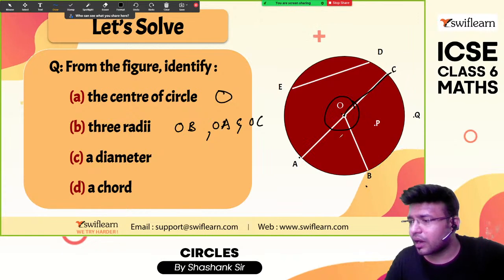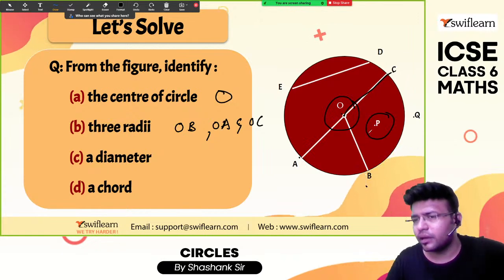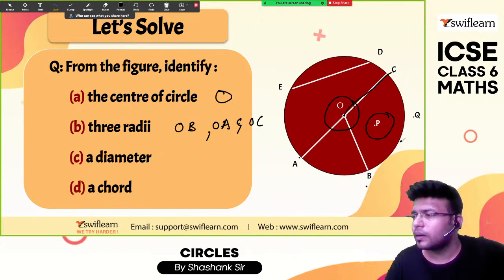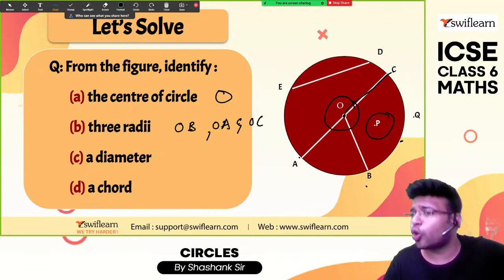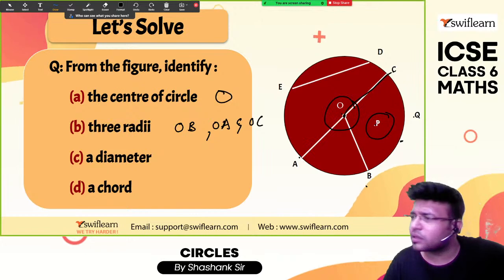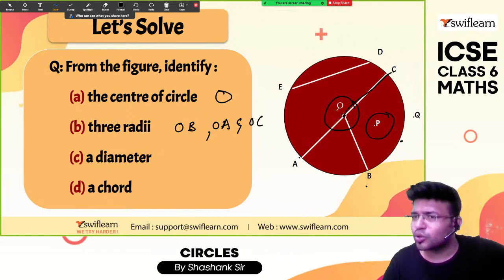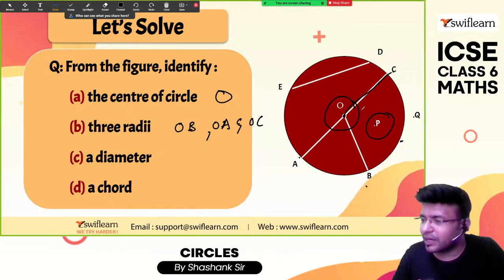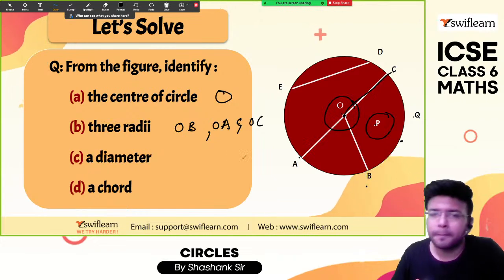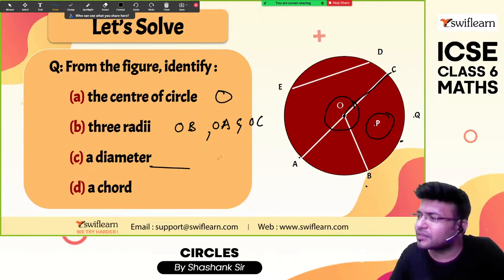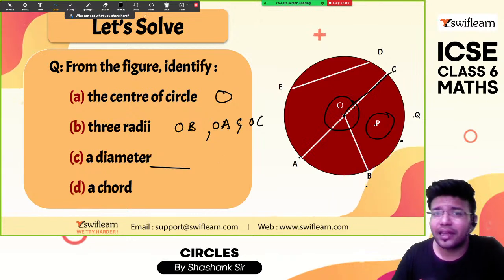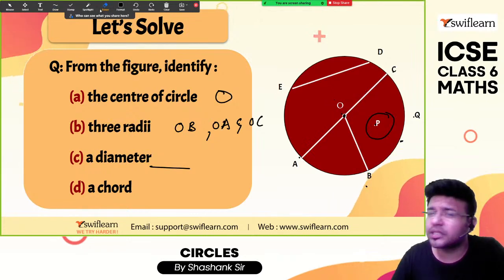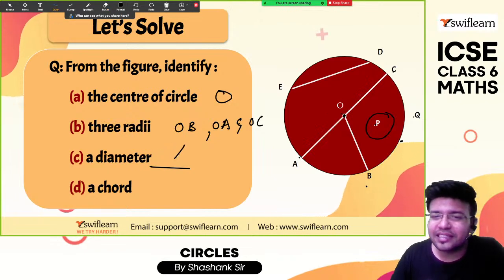Now, Ankrit, point P, is it on the circle? Radius is the distance between the center and a point on the circle. This is not on the circle. So OP is not a radius. You get this? Diameter. Diameter is the largest chord passing through the center. I can only see one such line, which is AC.